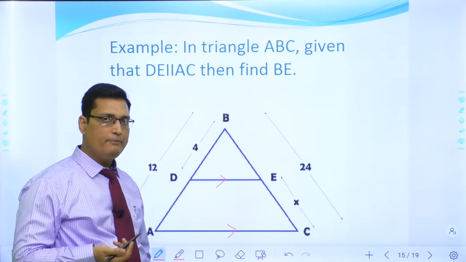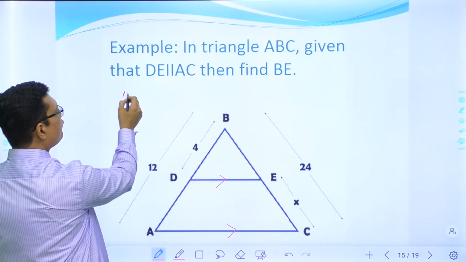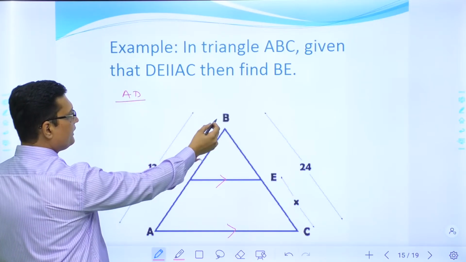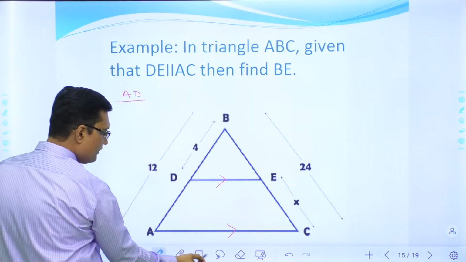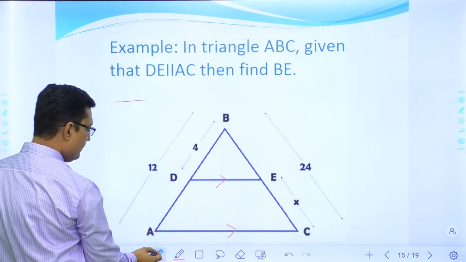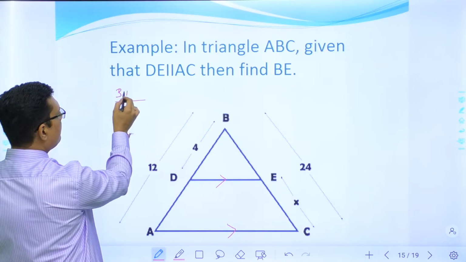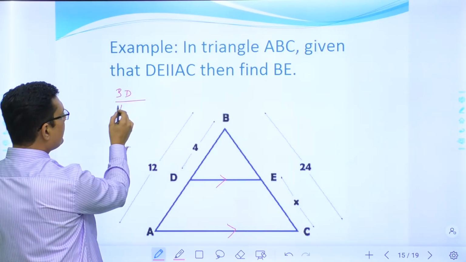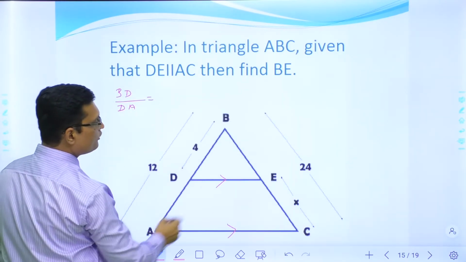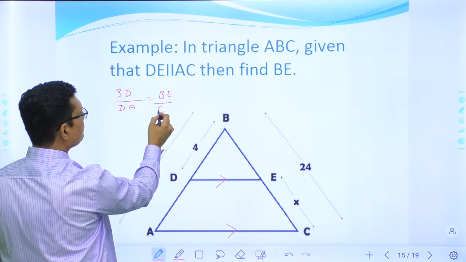Just now we have proved it in BPT. Because the line is given parallel, we can write BD upon DA will be equal to BE upon EC.